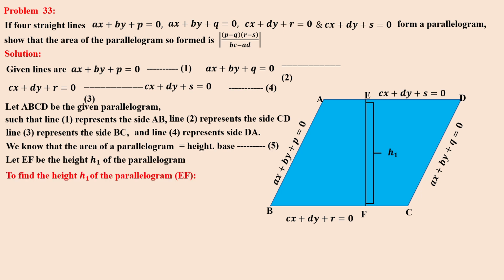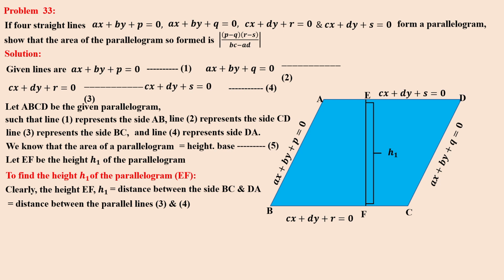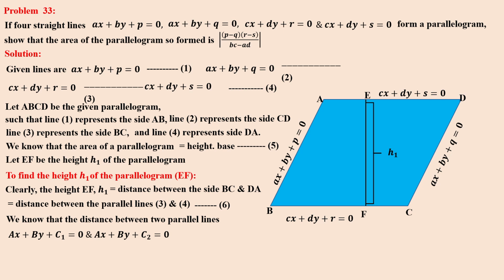Then to find the height h1 of the parallelogram, clearly the height EF is equal to the distance between the sides BC and DA, the opposite sides. That is the perpendicular distance between AD and BC, equal to the distance between the parallel lines 3 and 4.